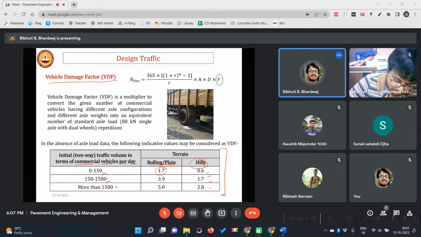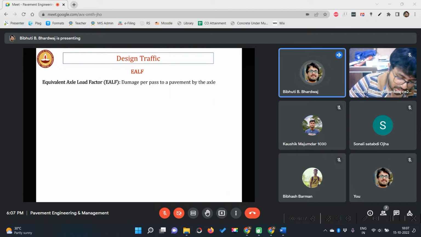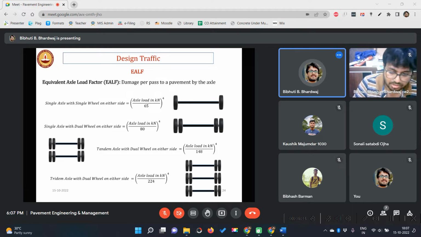Okay. So now we also learned what is EALF. We also learned about different types of axles: tandem axles, tridem axles, single axles with single wheels on both the sides, single axle with dual wheels on both the sides, and what are the standard axle loads for it.